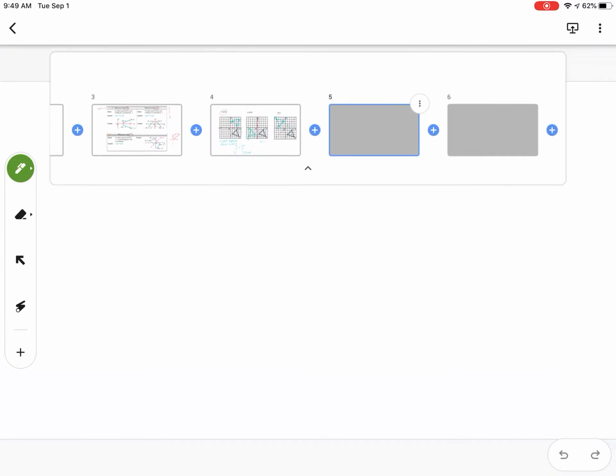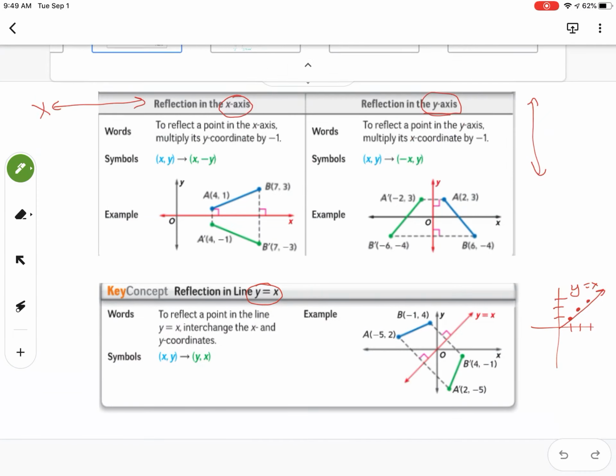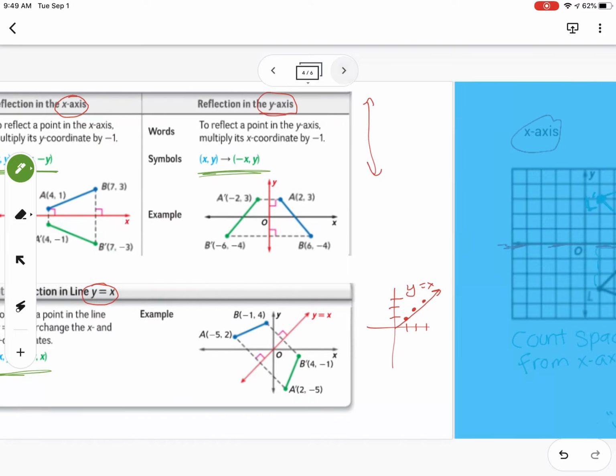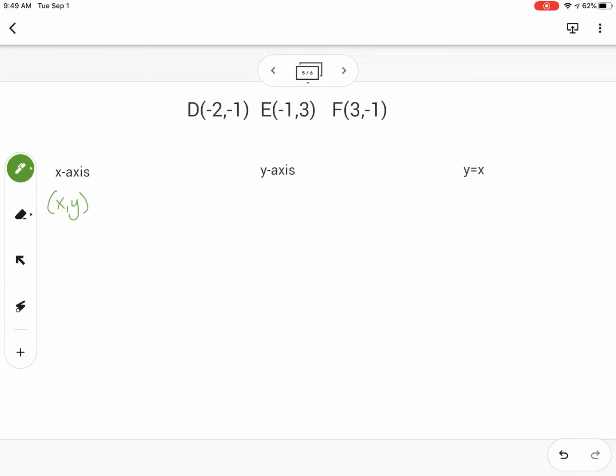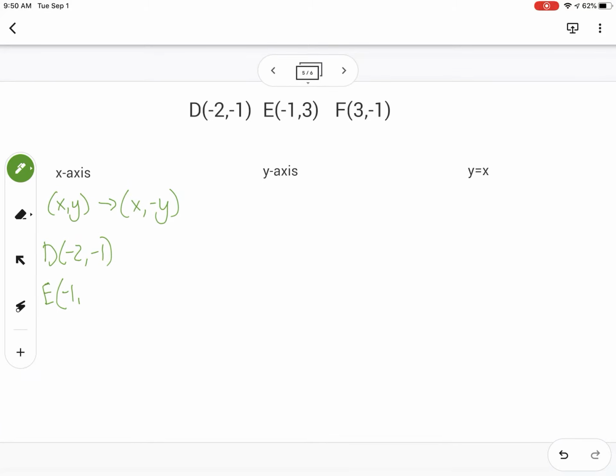For the x-axis, if you remember back on that first slide, I gave you these rules here, so we're going to use these this time. For the x-axis, you make the y negative, so your original point becomes x, negative y. I'm going to write my points down. These are my originals.